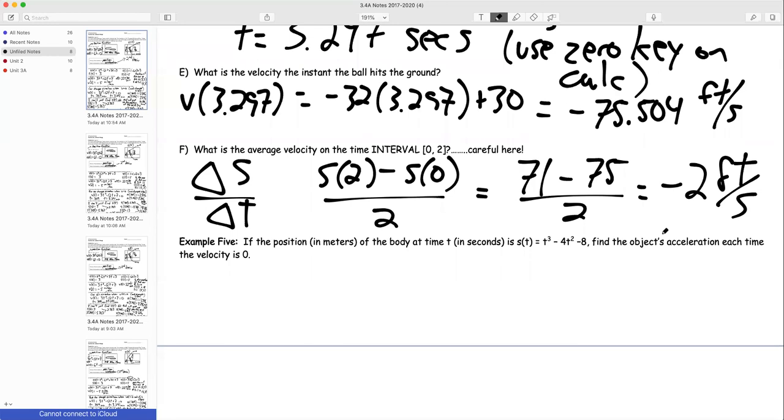They give me the position, and so to get the velocity, I'm going to take the derivative. So v of t is 3t squared minus 8t. And they asked me to find when the velocity was equal to 0, so I'm going to set this equal to 0.